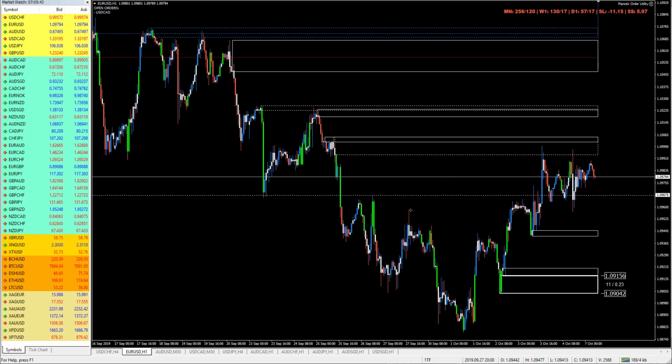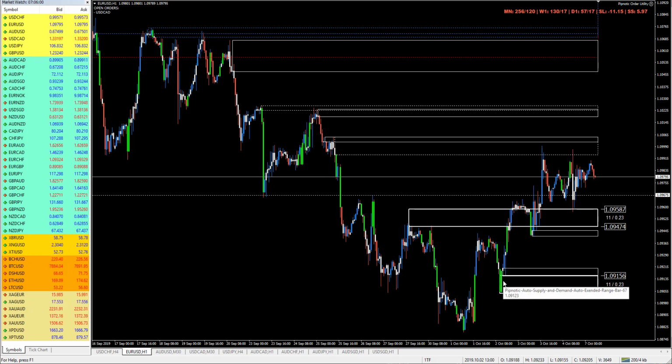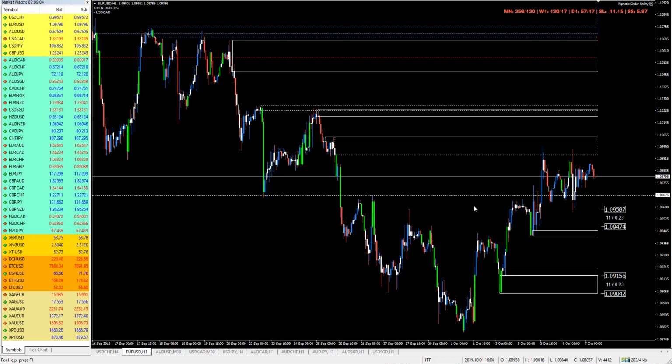Let's draw some rectangles so we can look. Let's just do this wick here so you can focus on the children areas. So we have this one. This area is the one that cut through it. The origin of the move that cut through is here, and so we identified this area down here. It's still yet to be tested, so that one's still in play.